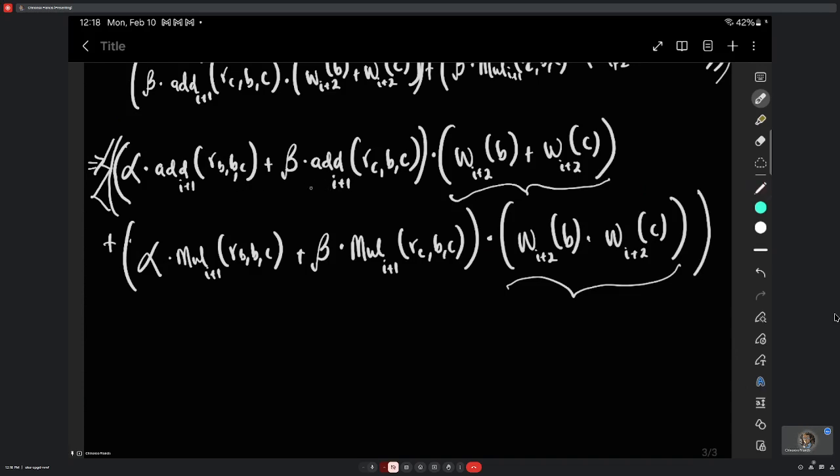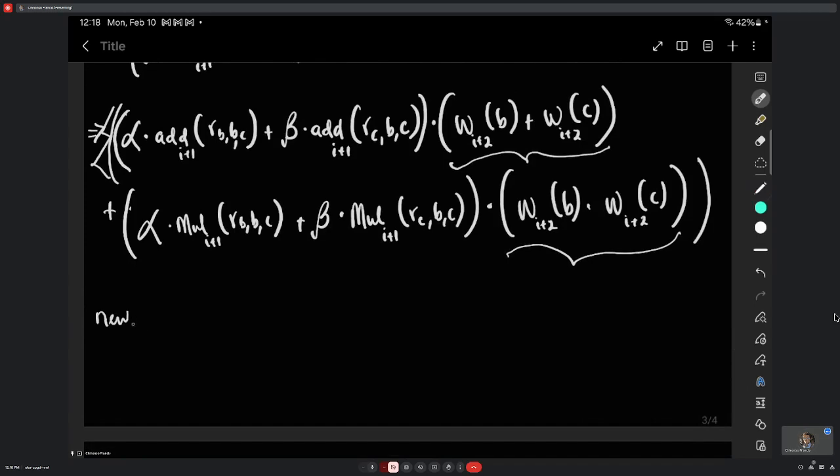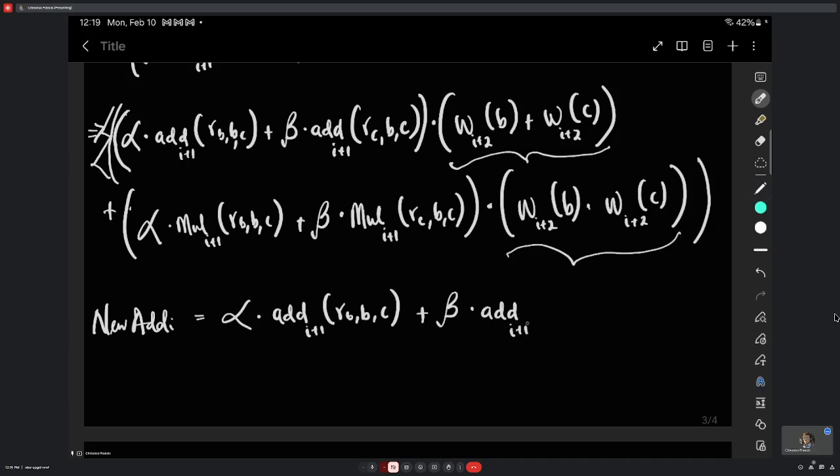So this now, we can think of a new Hadai to be equal to alpha, basically this guy, using capital E for the Hadai. RBBC plus, right?